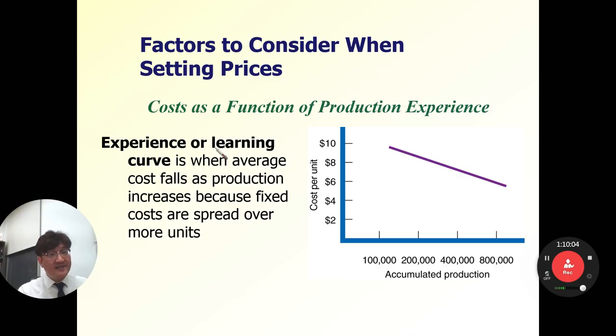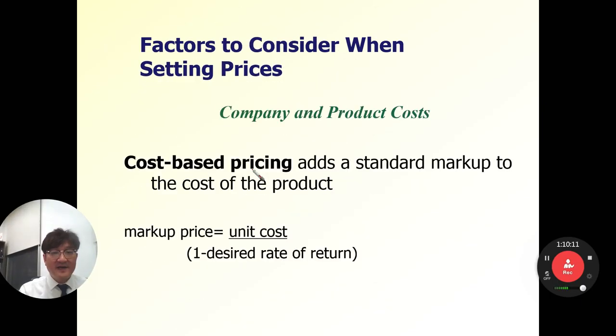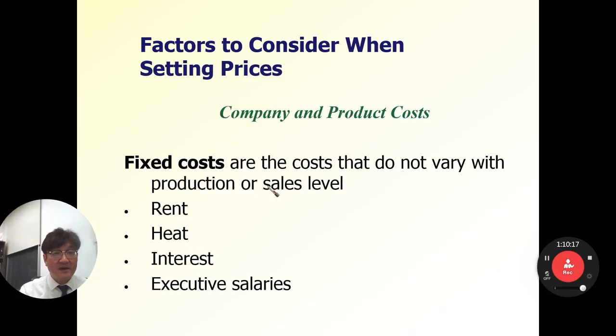The experience curve is just like that, as I showed you before. If you want to make more units based on the same fixed cost, then the fixed cost per unit decreases, right?